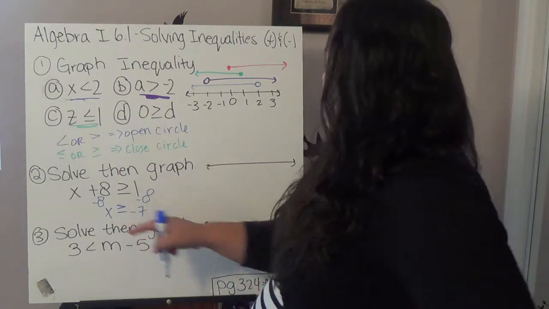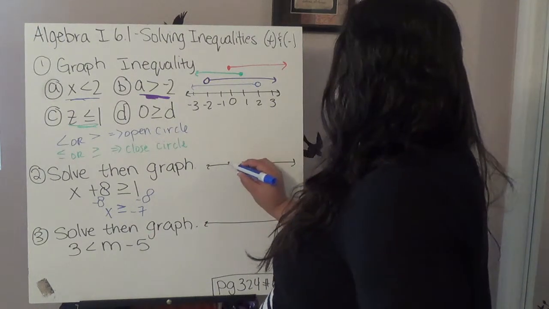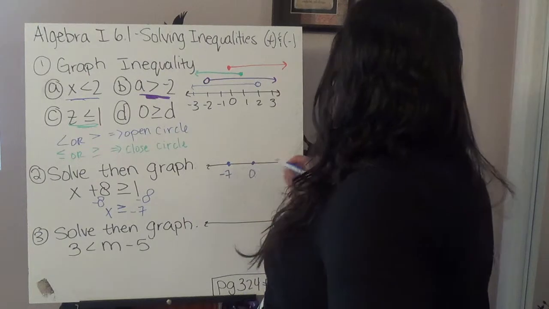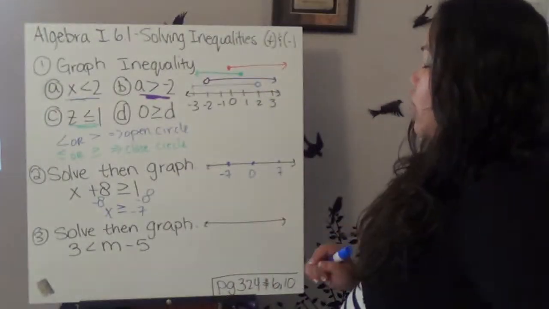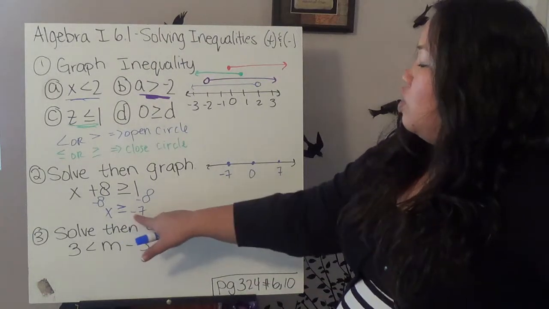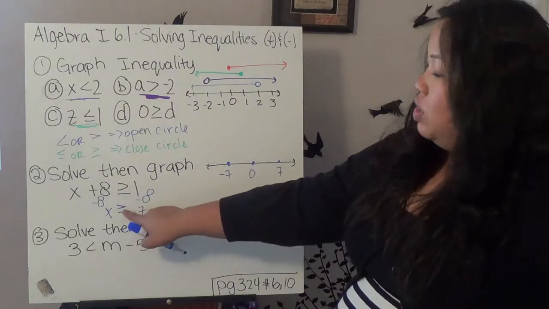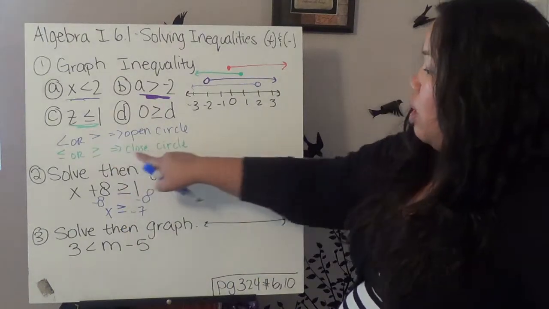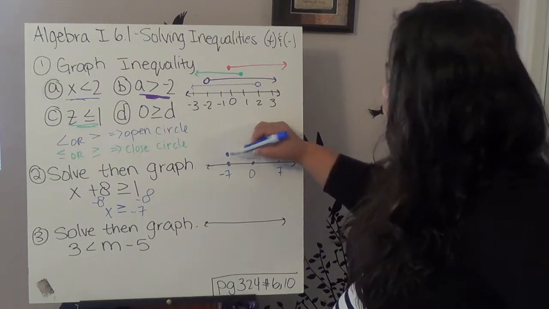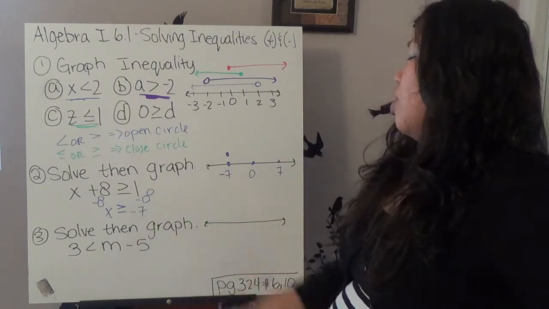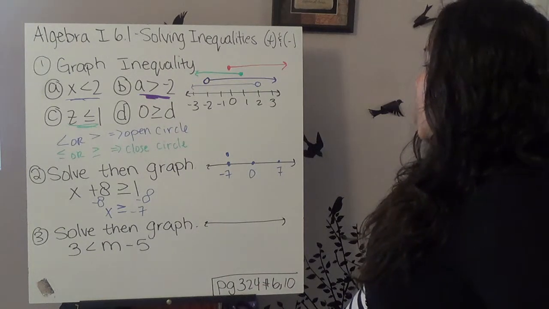Let's put this as 0. Let's put this as -7, and let's put 7 here. You don't have to fill in everything like here, just so I get the gist of it. So I'm going to start at -7, and it's going to be an open or closed circle. Well, because there's a line, it's a closed circle right here. So I'm going to start at -7, closed circle, and x is bigger than -7, so anything bigger than -7.